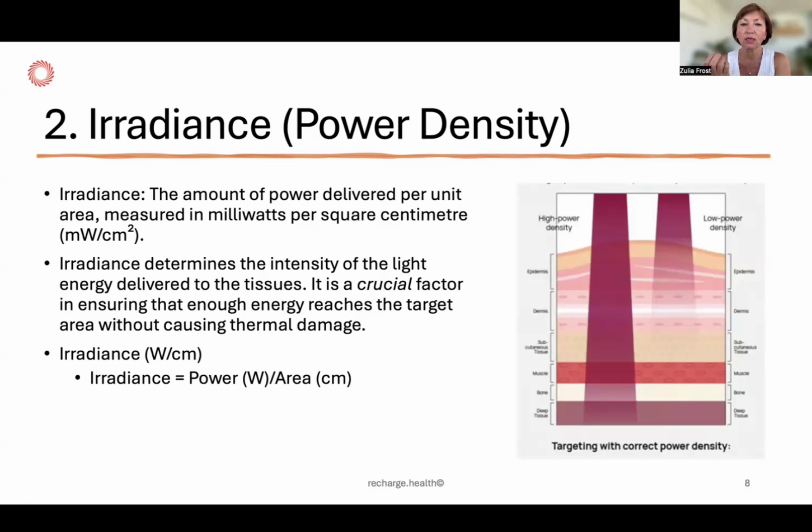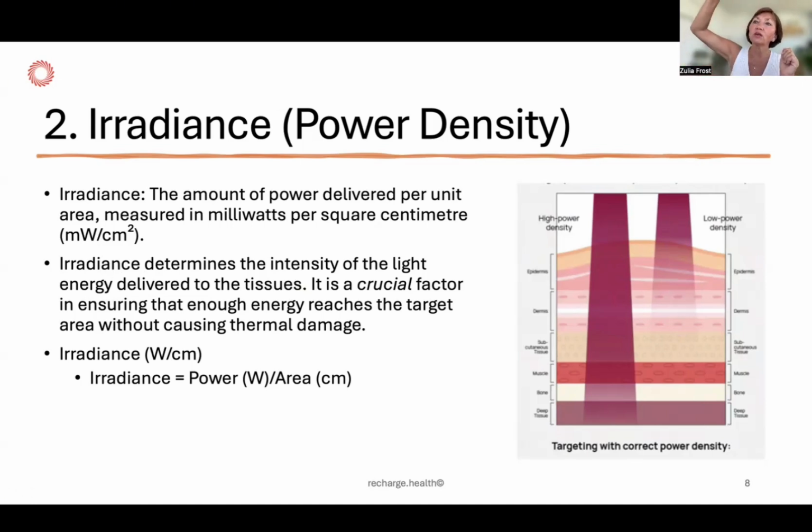This is irradiance, yes? The diode power would also be expressed in watts per centimeter square. Irradiance determines the intensity of light energy to be delivered to the tissue.